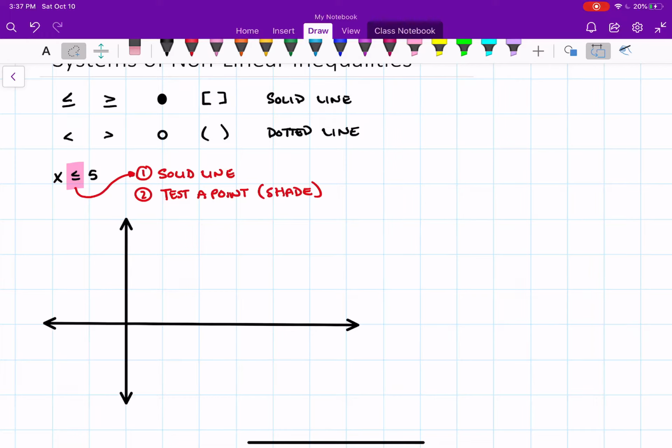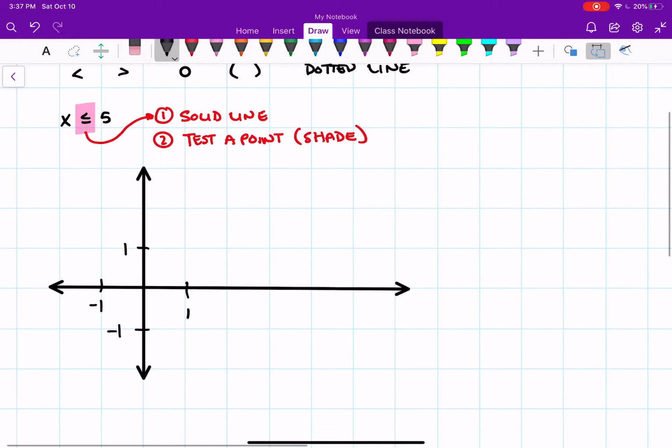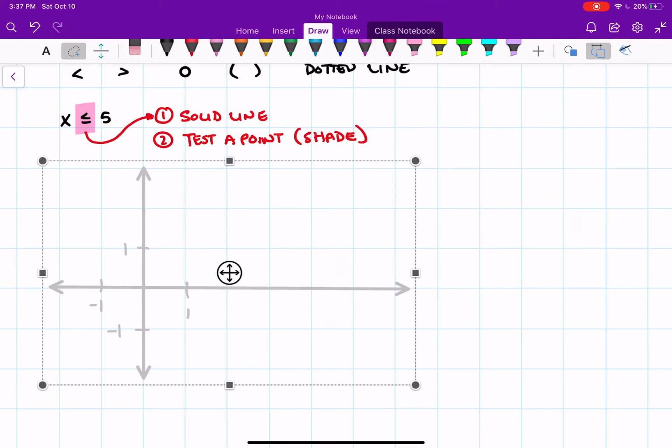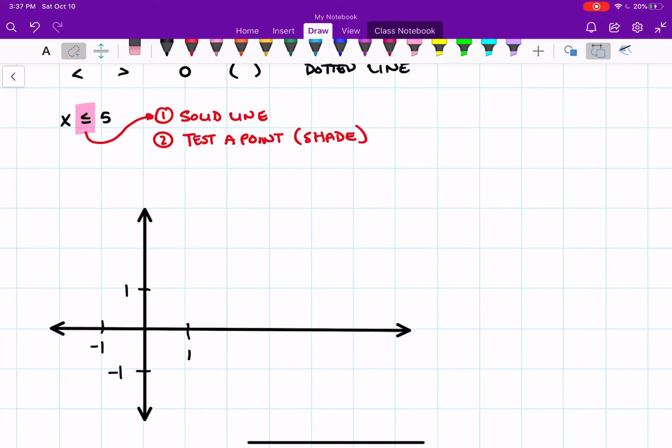So if this is 1 and this is 1, and this is -1 and this is -1, that means each block is 1. Now I'm going to take the original equation, and let's use green.